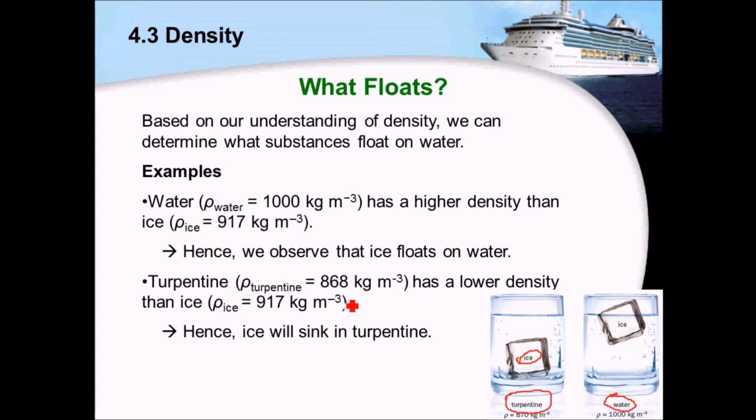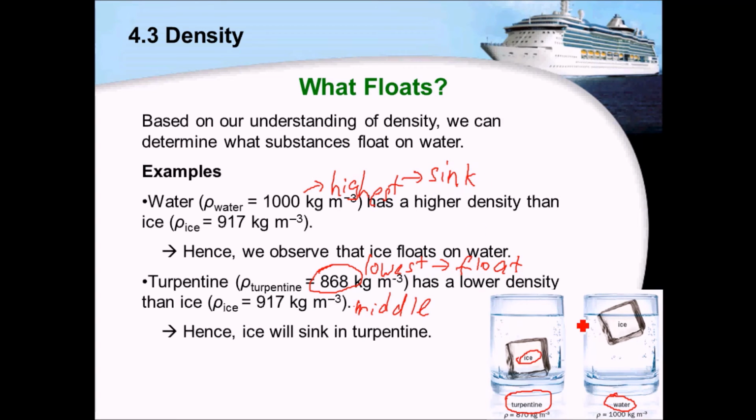Turpentine has the lowest density, while ice is in the middle, and lastly water is the highest. So the lowest density will float, while the highest density will sink.